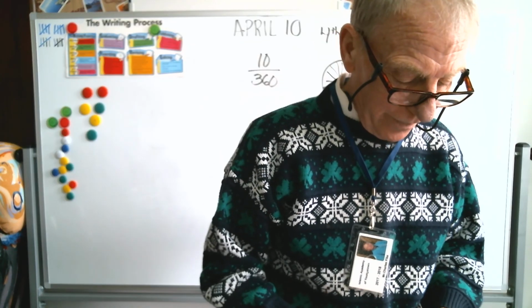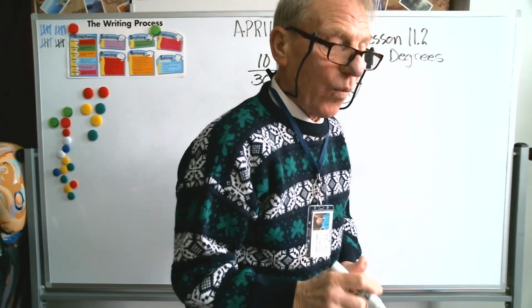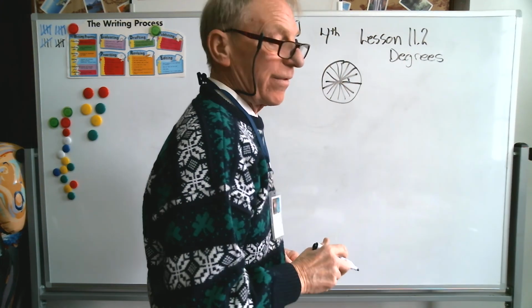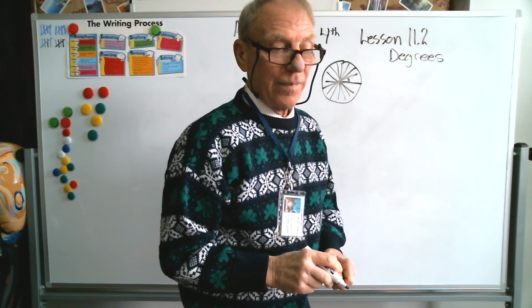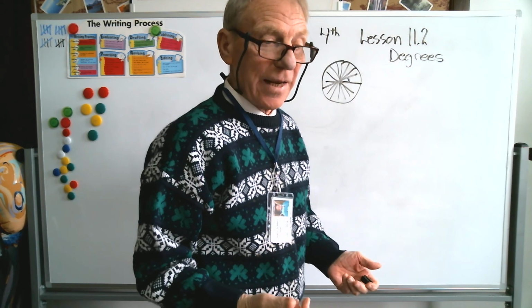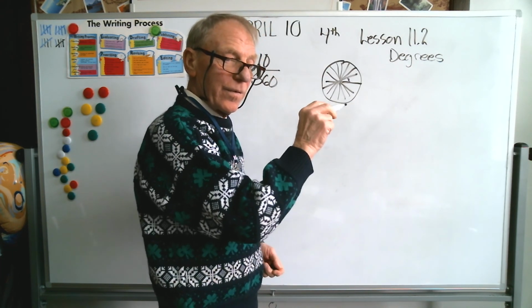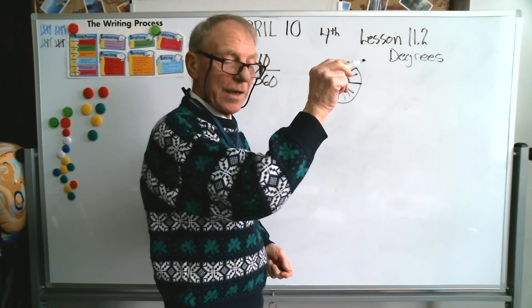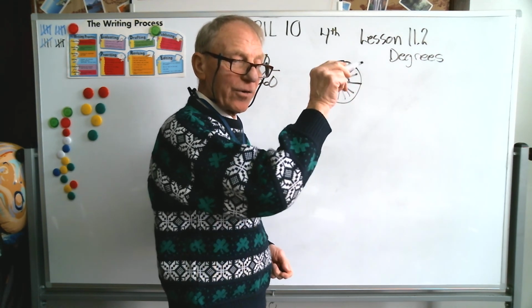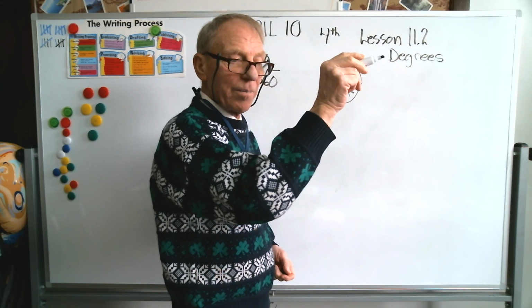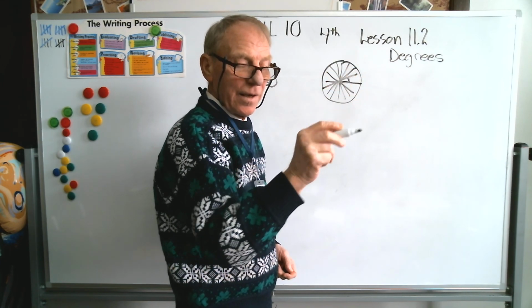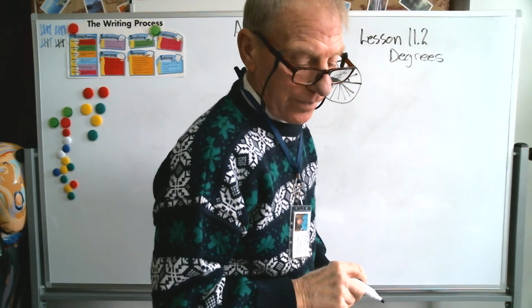So each 1/360th measures 1 degree. In other words, in the circle, there are 360 points all around that circle. Each one represents 1 degree around the circle.